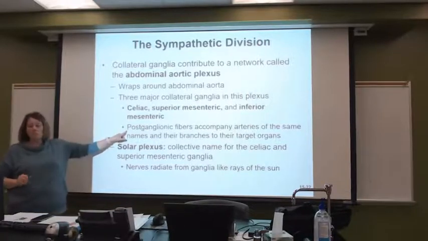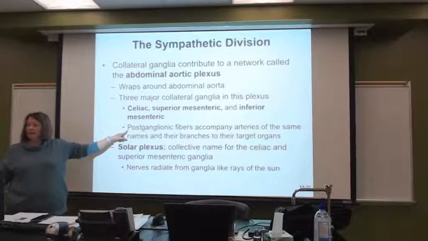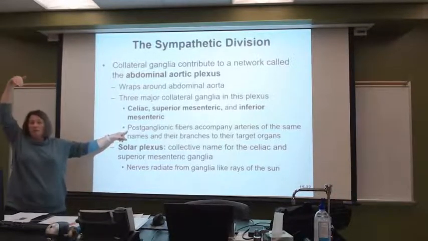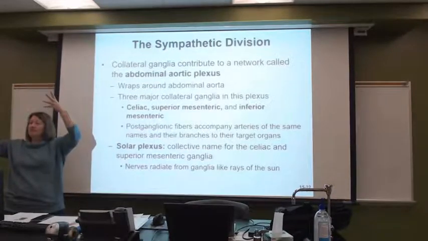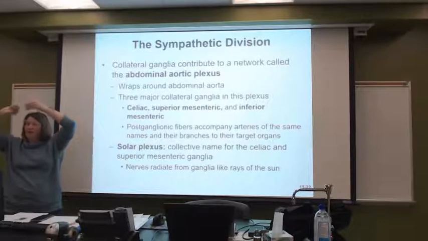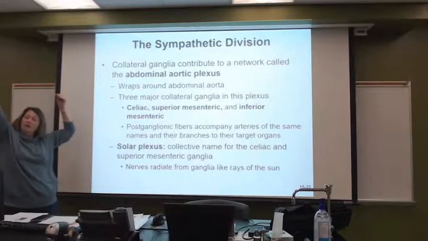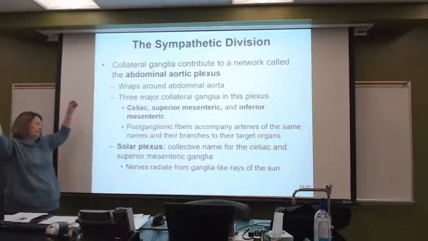Now, do you remember how we mentioned we have a pre-ganglionic fiber, the one that works through that chain, okay? Then we have to have it synapse in one of these ganglia, and the post fiber goes to the target area.